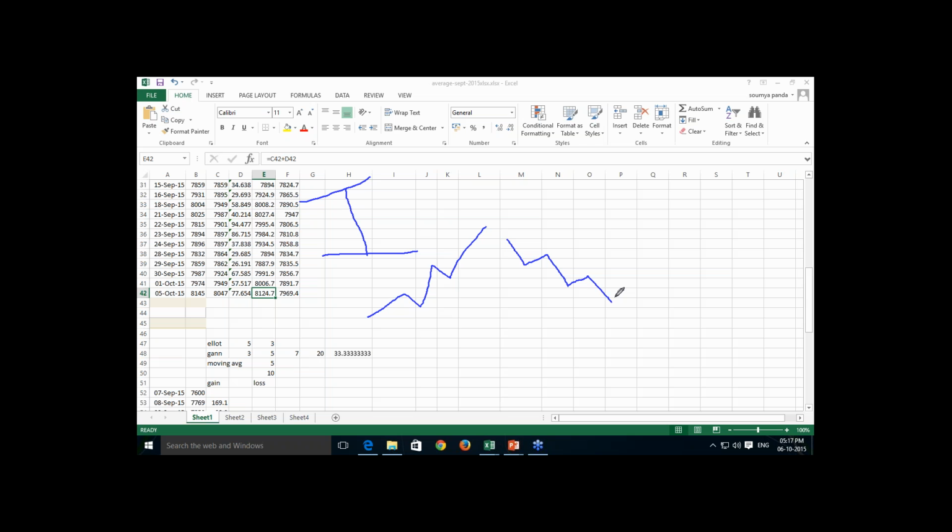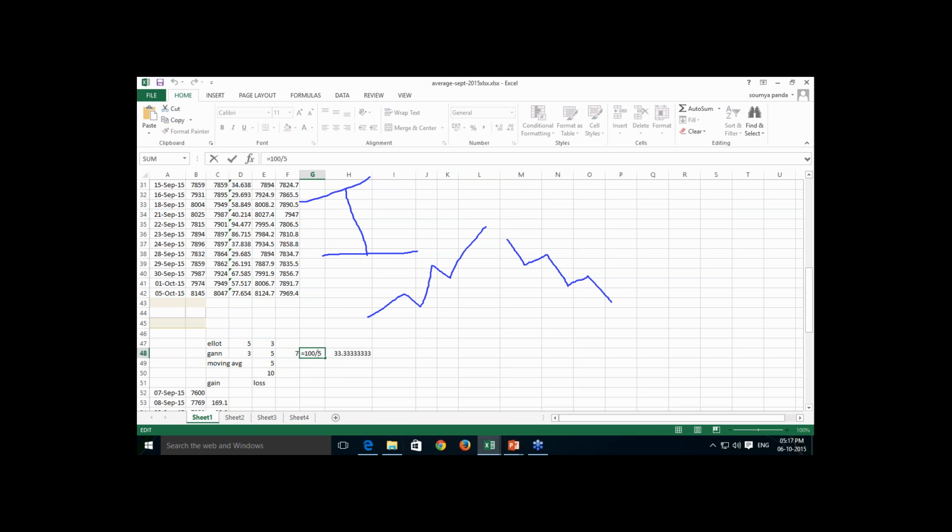In the same way, Gann said that whenever a third trend line crossover happens, we should enter a trade. In moving averages also, you have a 5-period moving average and a 10-period moving average. So these numbers 5, 3, 5, 10 are very common for us.